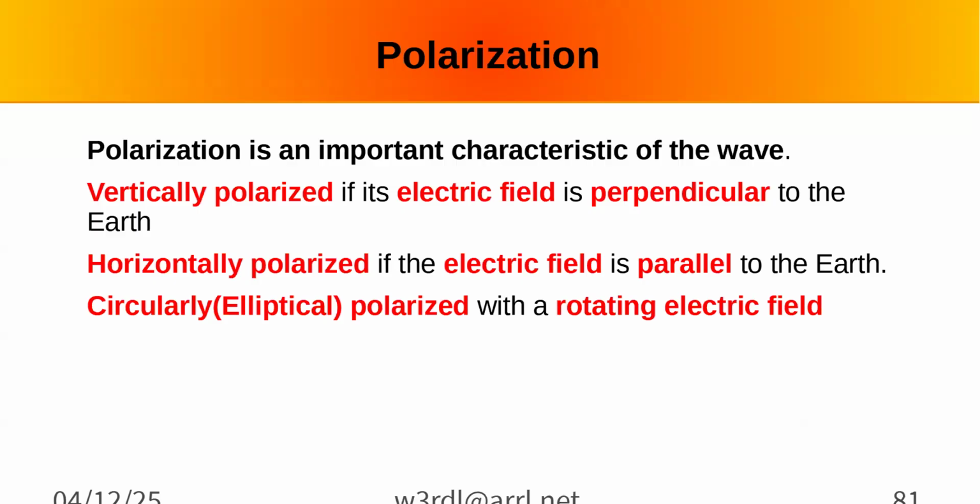If it's the same signal strength, amplitude, as it rotates, it's circular. If it varies, or you get a higher signal in one orientation than another, then it's elliptical, which is the general case. So when you refract off the ionosphere, it magically turns it into an elliptical polarization, even though it's linear going up. How that works, I don't know. But it says in the book that's how it is.